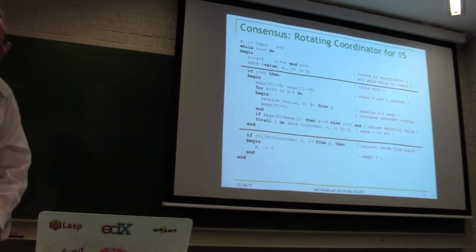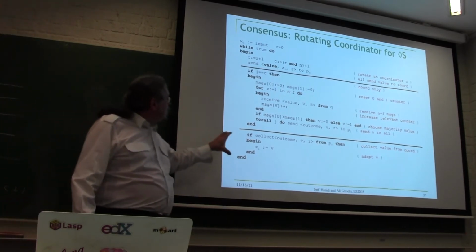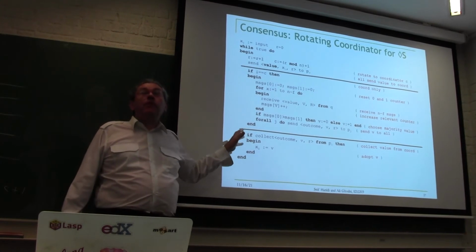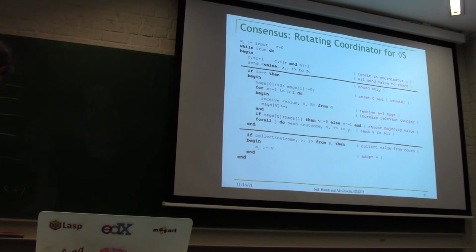Now I want to show how to make this code stop. In order to do that, I want to first talk about the f and the n minus f. I want to do something which I call the majority lemma.